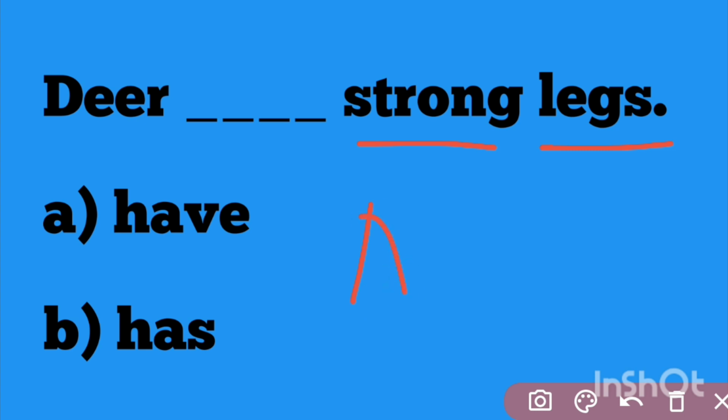That means all deer have strong legs, as they had to fight against predators and they had to run very fast. They had to run very fast to save their lives. So all the deer have strong legs. So my dear friends, from this meaning it is clear that this deer is plural.